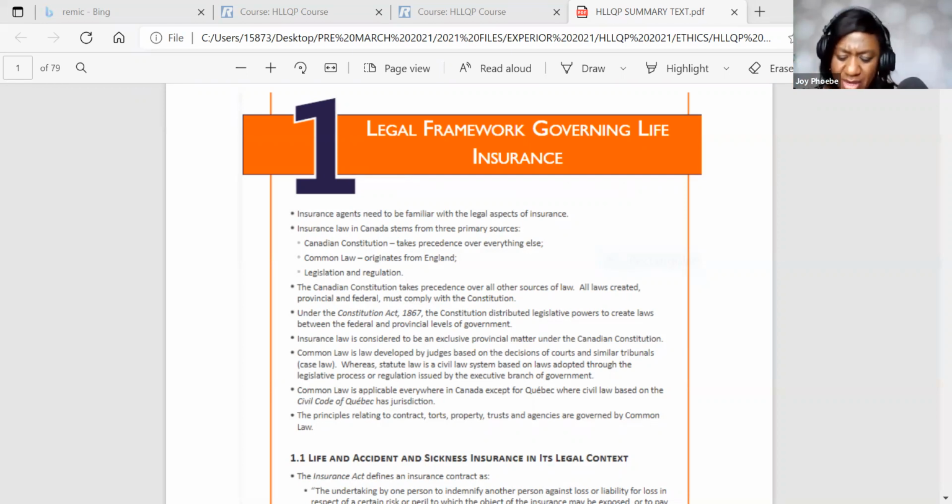Okay, let's look at wills and estates and successions. Succession law refers to the body of provincial law that deals with a deceased person's estate, and the rules governing what happens to their property after death.